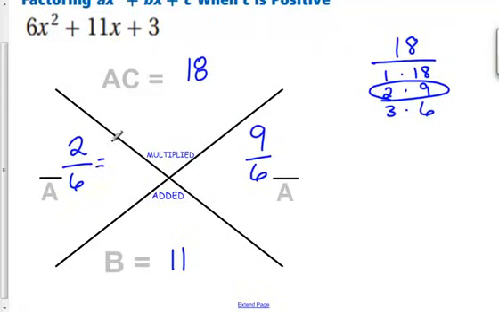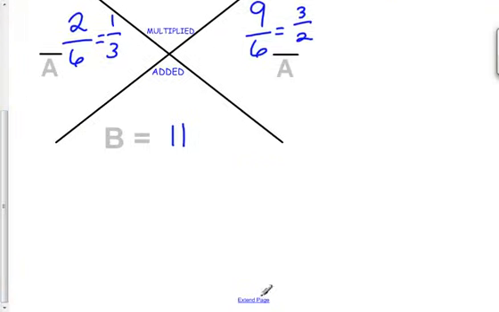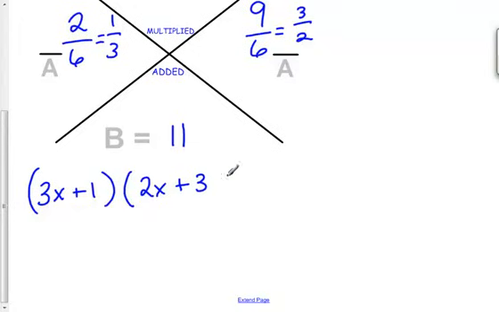So 2 goes into both of these, so it's going to be 1 over 3. This simplifies. 3 goes into 9 3 times, 3 goes into 6 2 times, or 3 over 2. So I'm going to be left with 3x, because I start at the bottom, plus 1 times 2x plus 3.